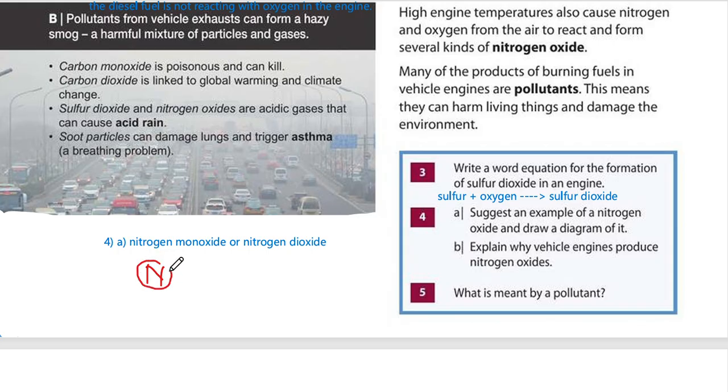There's a nitrogen atom and an oxygen atom. Nitrogen dioxide, how is it? How many nitrogen atoms are there? One nitrogen atom and two oxygen atoms on the side.